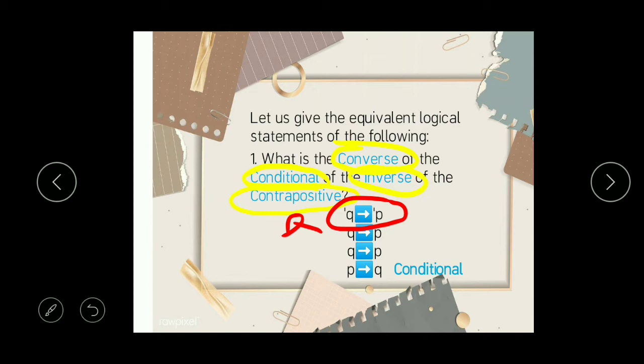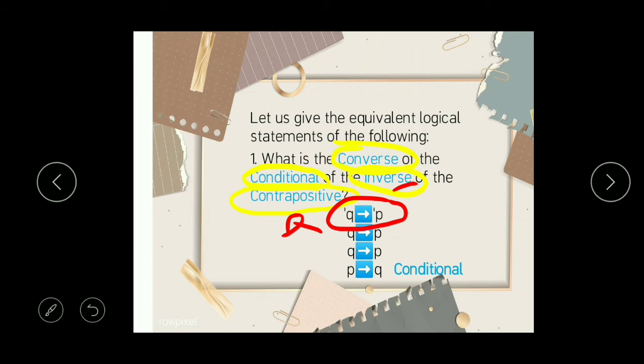If it is our base, the next one we are going to do is give the equivalent of the inverse, because we are already done with the contrapositive.